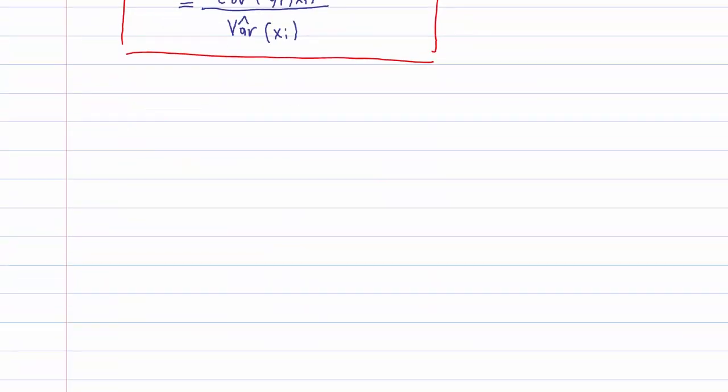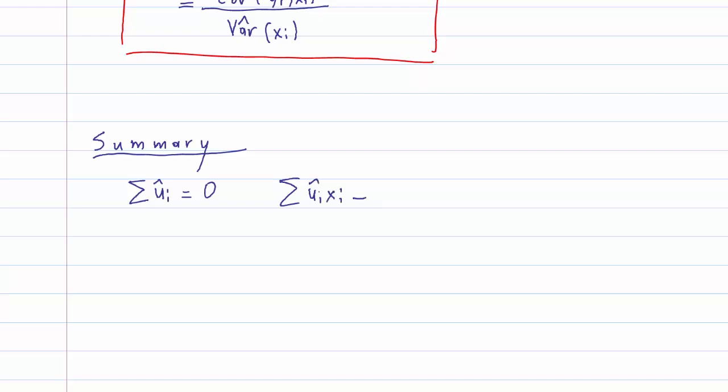Let me write a summary of what we did today. So we've seen that the sum of ui hats is 0 and the sum of ui hat xi equals 0.